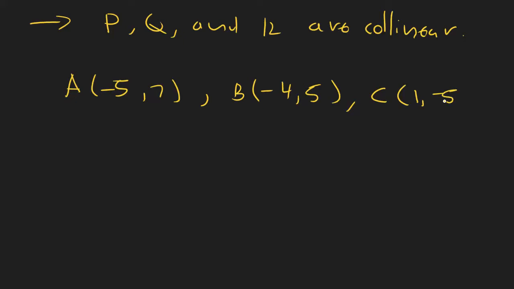You can check whether these three points are collinear. How are you going to do that? You're going to have to find the distance from A to B, plus the distance from B to C, and this must equal the distance from A to C.